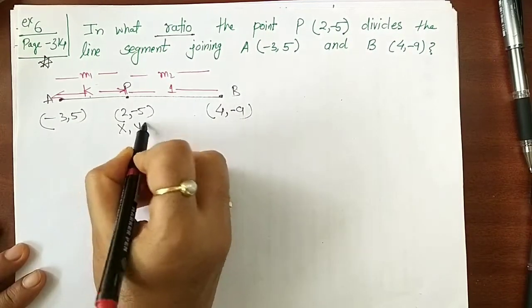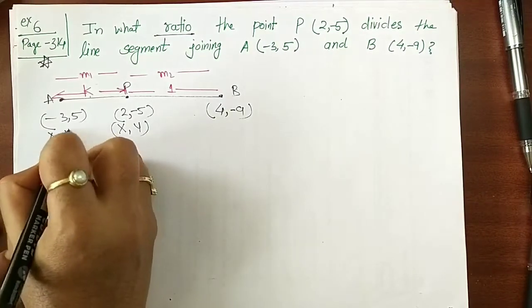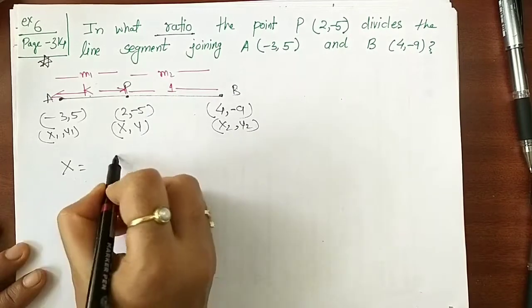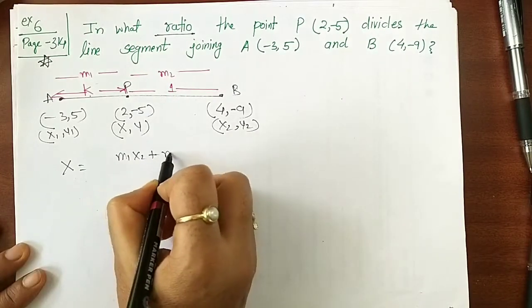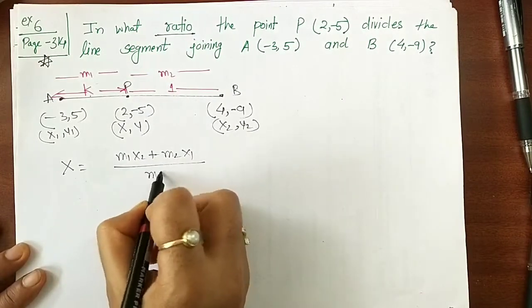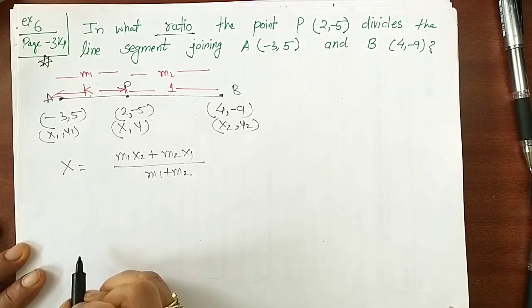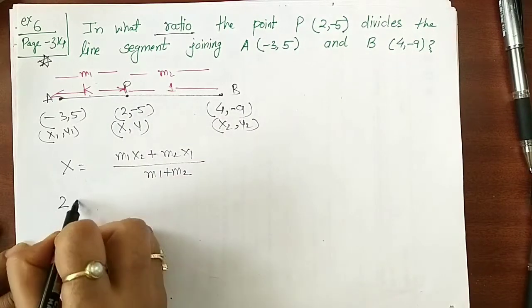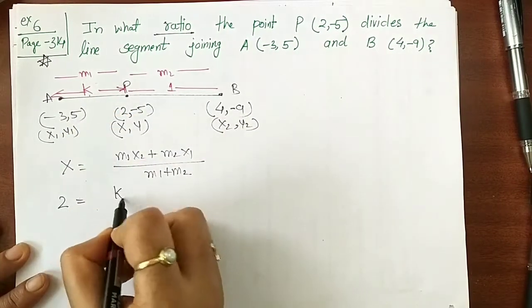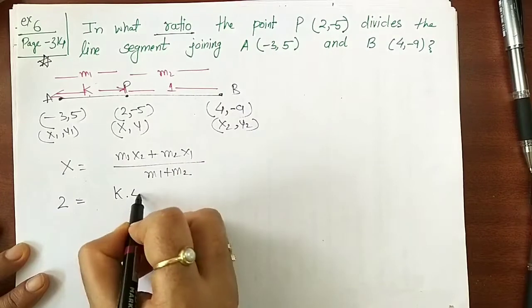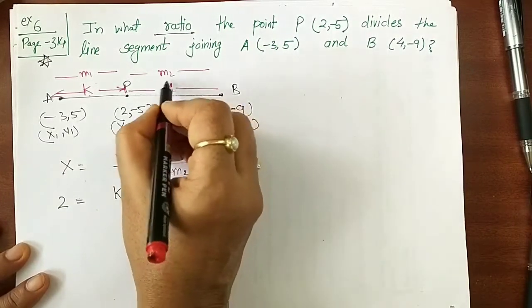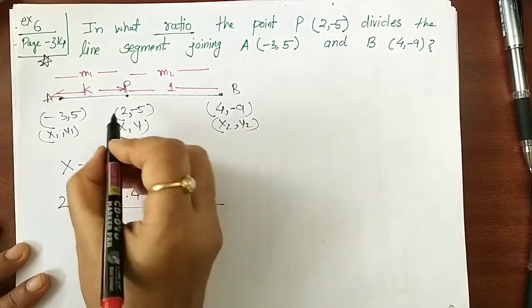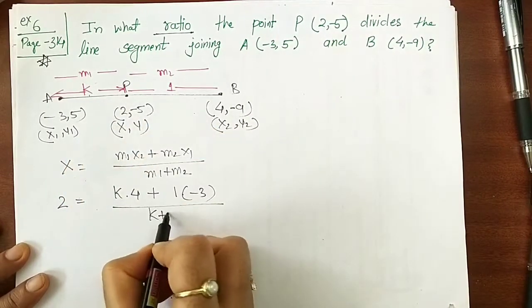So this is given, and this is x1 y1 and this is my x2 y2. So let me write x is m1 x2 plus m2 x1 by m1 plus m2. Okay, so here what is my x? The point is 2. m1 is k, m1 x2 is 4 plus m2, I am assuming 1, x1 is minus 3, by m1 plus m2, which is k plus 1.